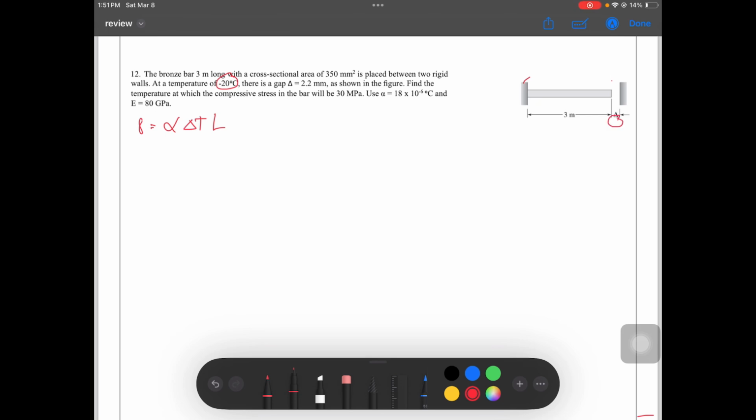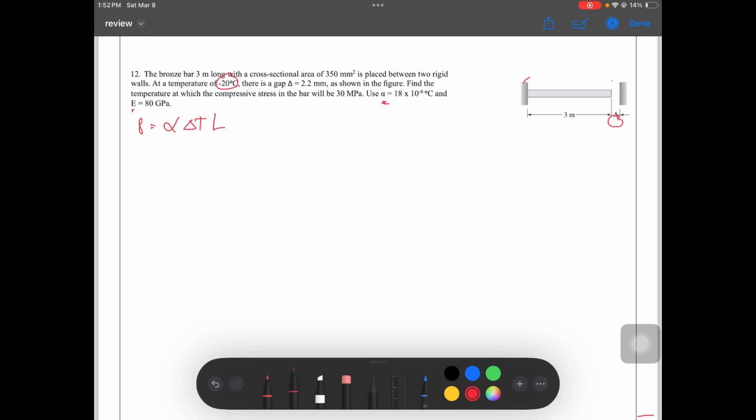Ito siya. So, as shown sa figure, find the temperature at which the compressive stress in the bar will be 30 MPa.